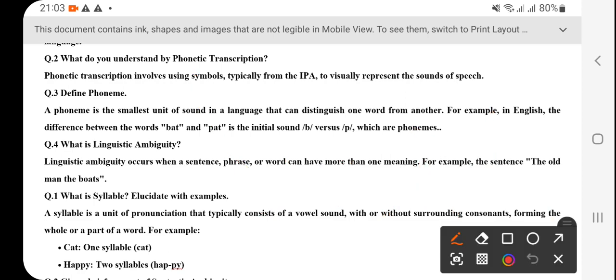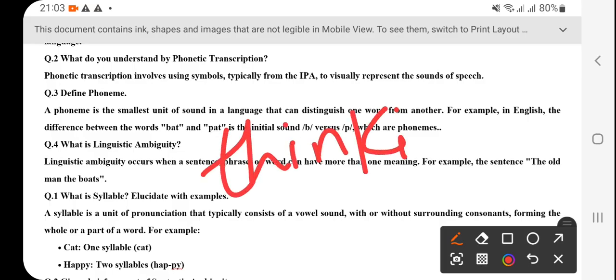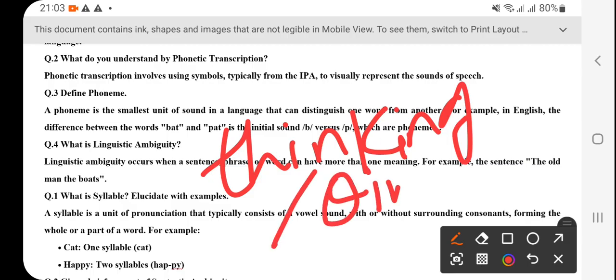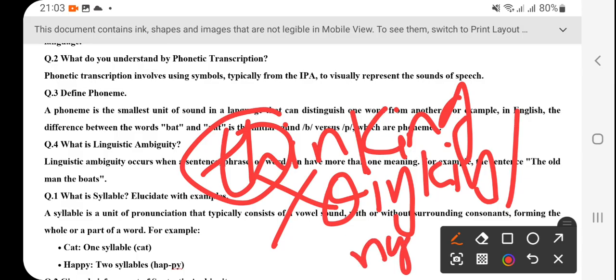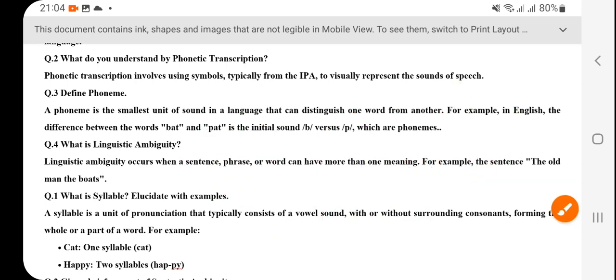If you're saying thinking, here the transcription is for thinking. This sound is for king, right? Ing, ng, this sound, something like this, okay.